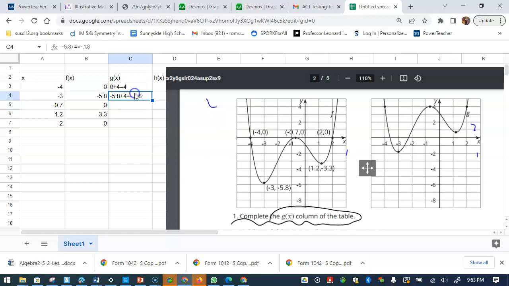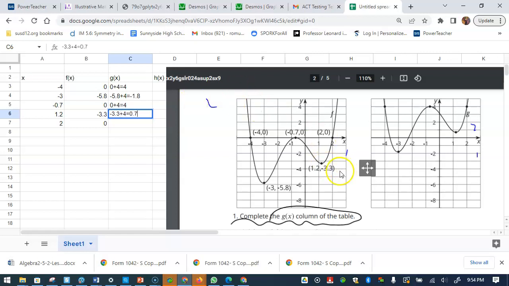Then this one is 0 plus 4 again. So every output of fx, you add 4 to it and you get the output for gx. If it is 1.2, it was negative 3.3, so you add negative 3.3 and you're adding plus 4, and that will give you 0.7.